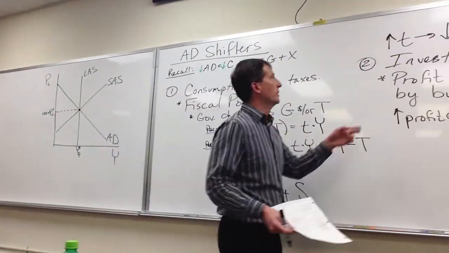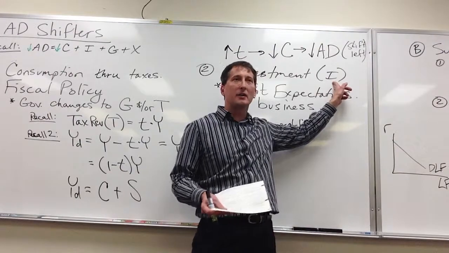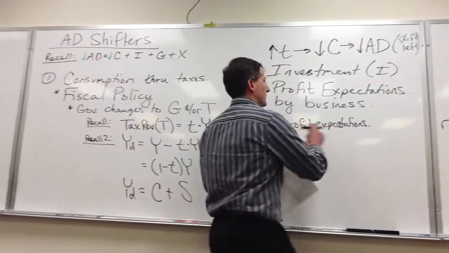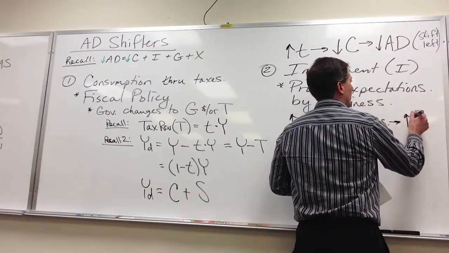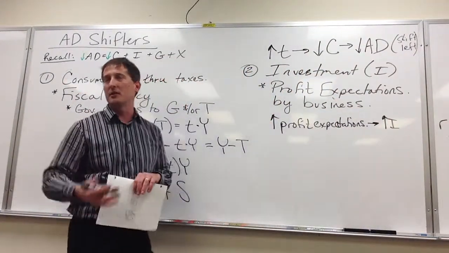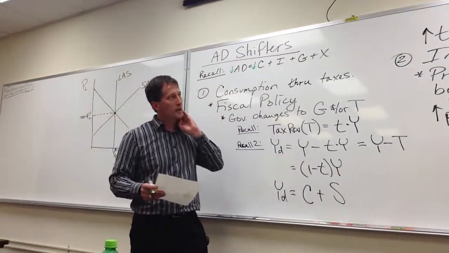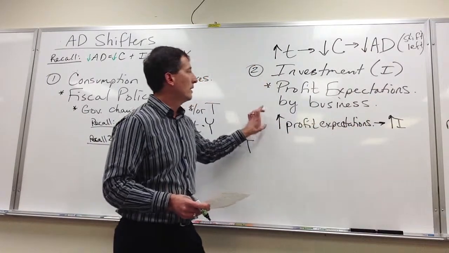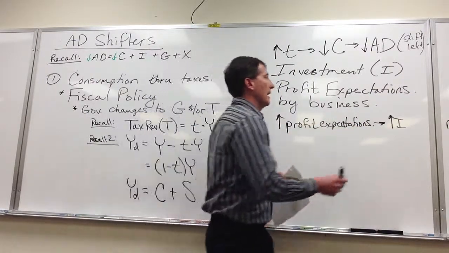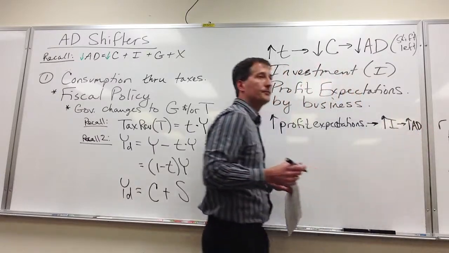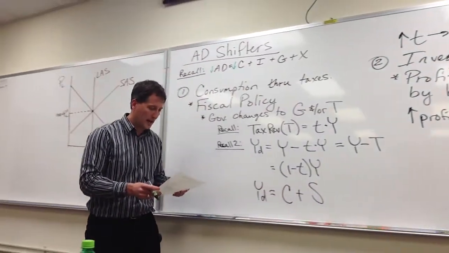Do they tend to increase I or decrease it? Increase, right? So they're going to tend to increase purchases of capital and equipment and inventory and all those things that come along with preparing for a good year. They're going to increase that, which then is an increase in aggregate demand. A shift to the right.